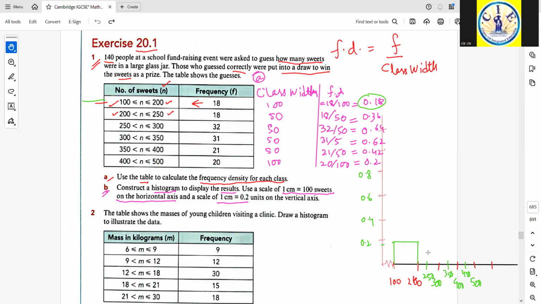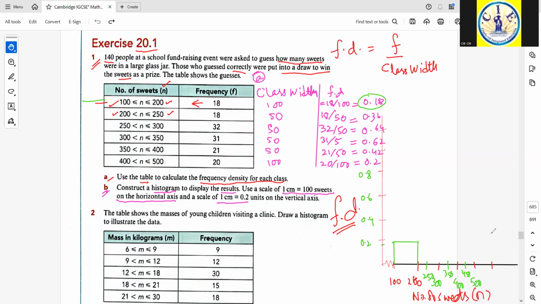So this is the height of the first bar up till 0.18. And don't forget that you have got frequency density along the y-axis. So this along the x-axis, that gives you sweets represented by n.